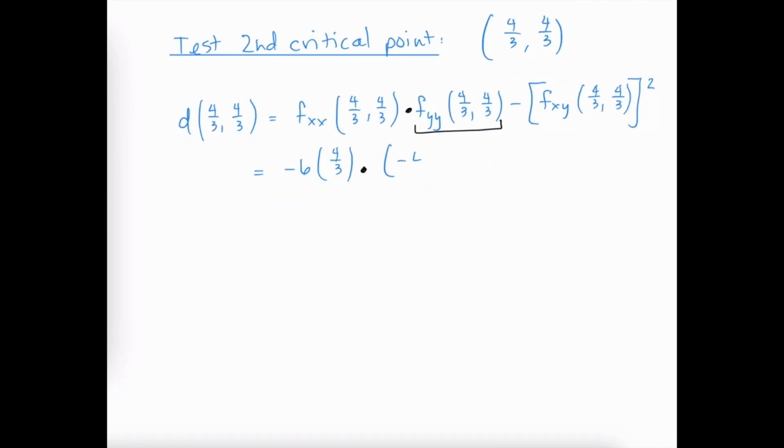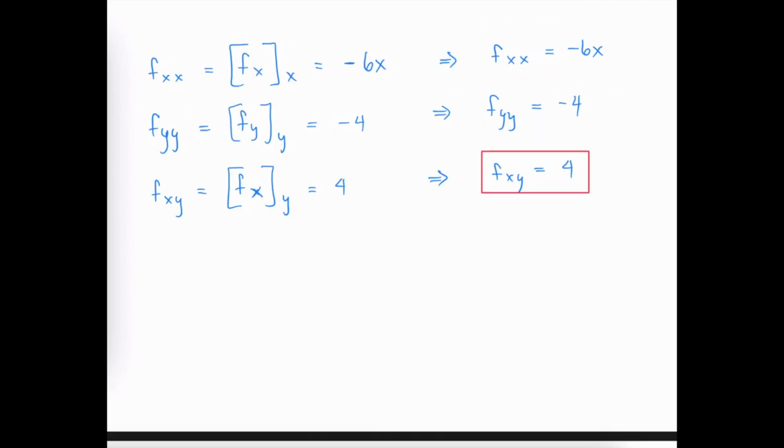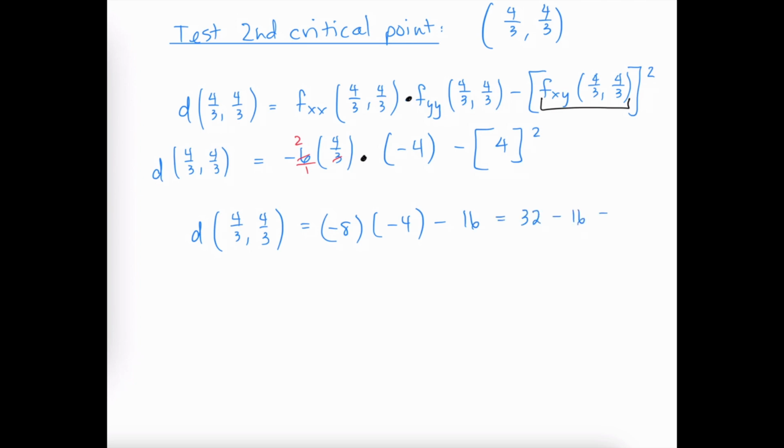So we multiply this by -4 minus quantity, second partial derivative with respect to x first and then with respect to y, evaluated at (4/3, 4/3). And that was also a constant 4, so we're subtracting 4 and squaring that quantity. So this second derivative quantity turns out to be, let's cancel the 3's here, so we get -8 times -4 minus 16, which is positive 32 minus 16, which is 16.